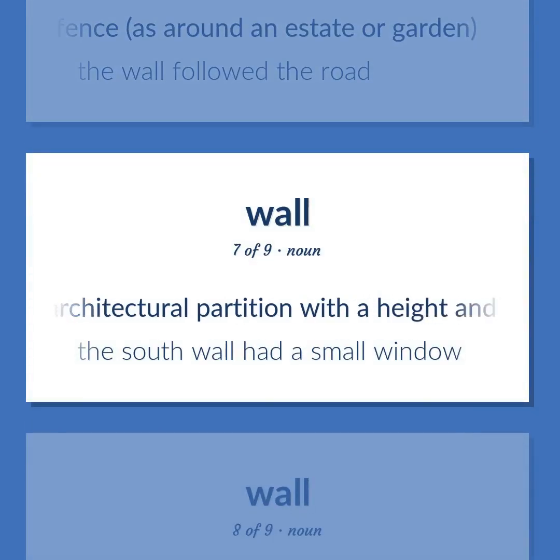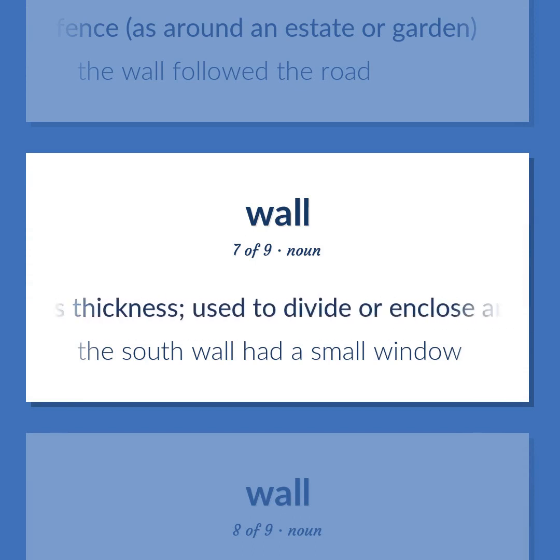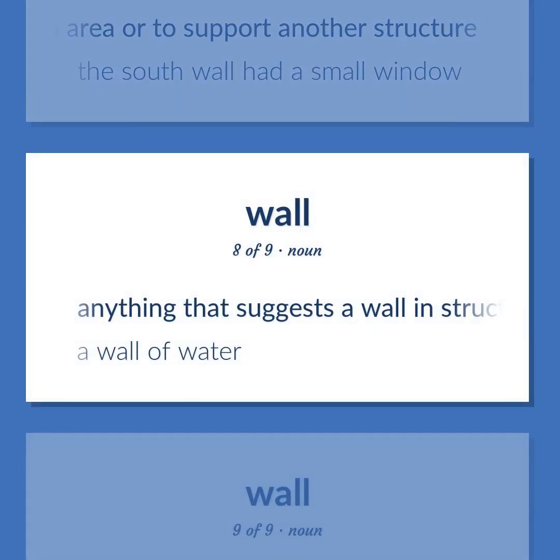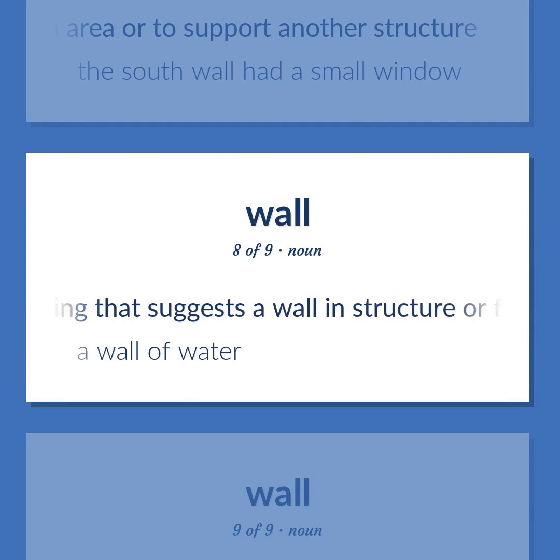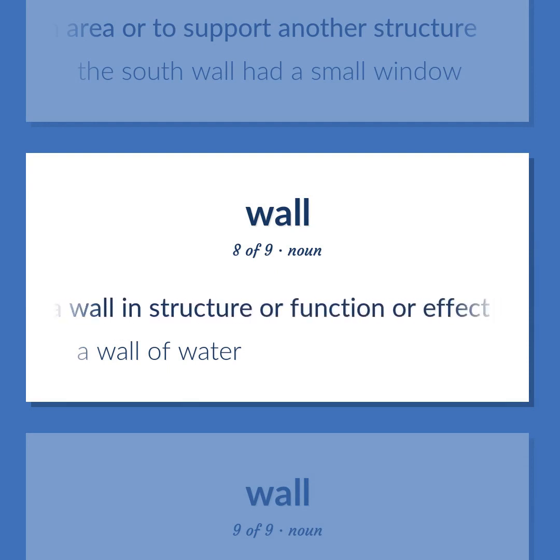An architectural partition with a height and length greater than its thickness, used to divide or enclose an area or to support another structure. The south wall had a small window. Anything that suggests a wall in structure or function or effect. A wall of water.